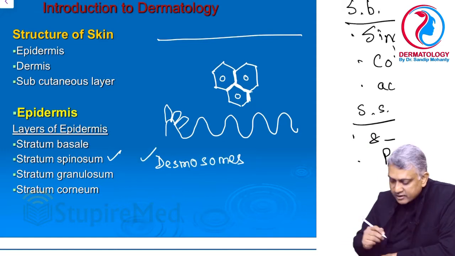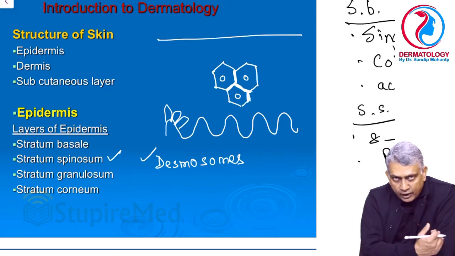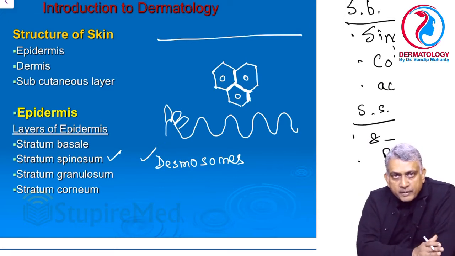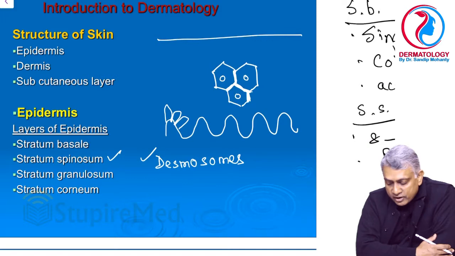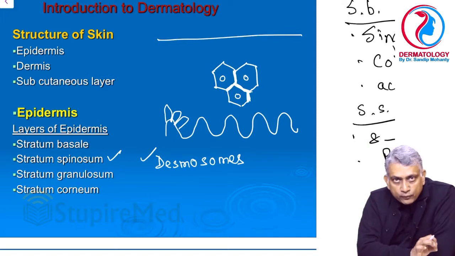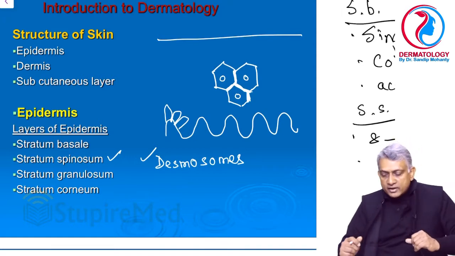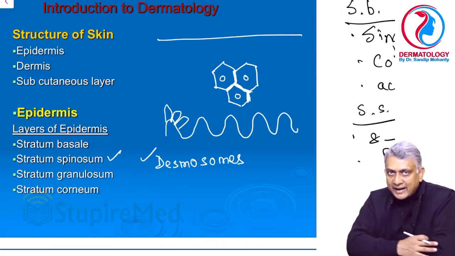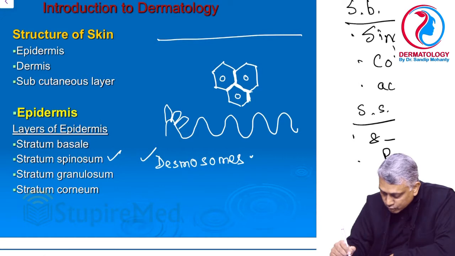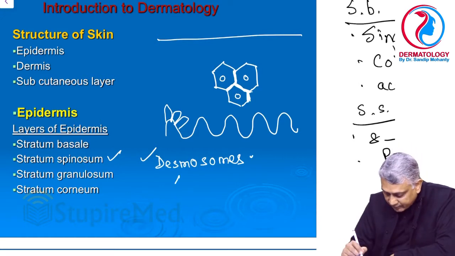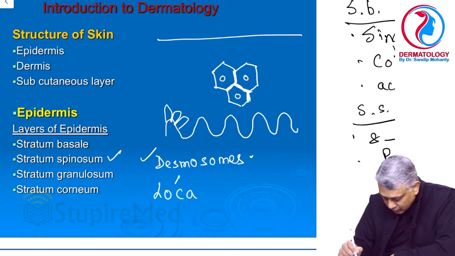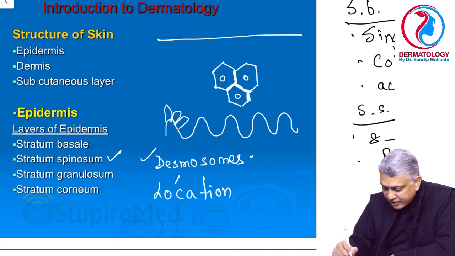Now what is the importance of this desmosome? You know, there is a disease known as pemphigus. Pemphigus is an autoimmune vesiculobullous disorder, right? Antibodies are formed against self-antigen in any autoimmune disorder. So what happens in pemphigus? Antibodies are formed against an antigen which is present in desmosome. So the location of antigen in pemphigus is desmosome.